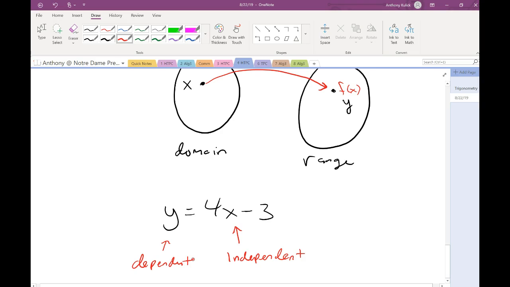The reason we say that is because we have the freedom to choose whatever value we'd like for x. It's independent. We don't have any restriction on that. The value of y, though, to determine that, we have to have the value for x. So my value for y depends on the value that I've chosen for x.